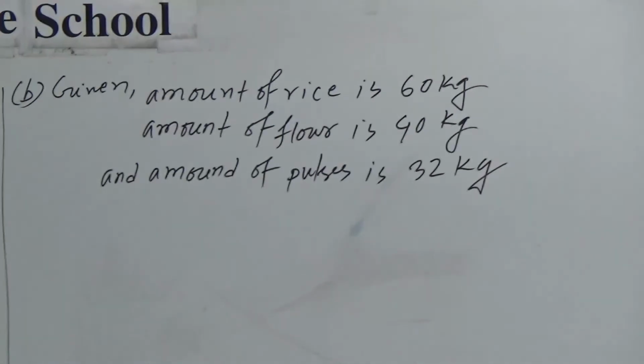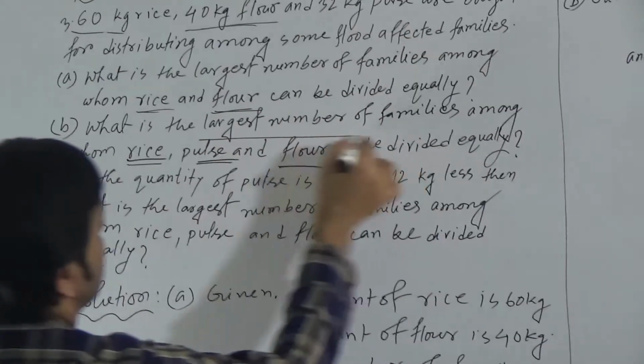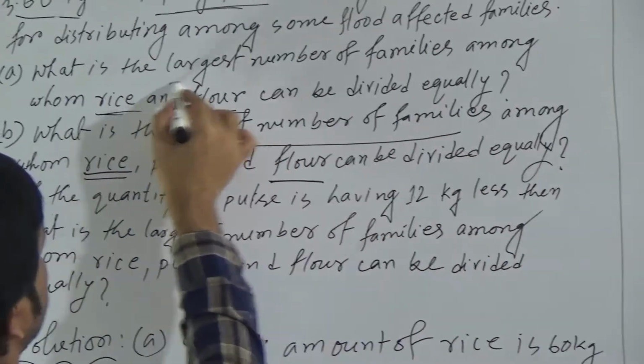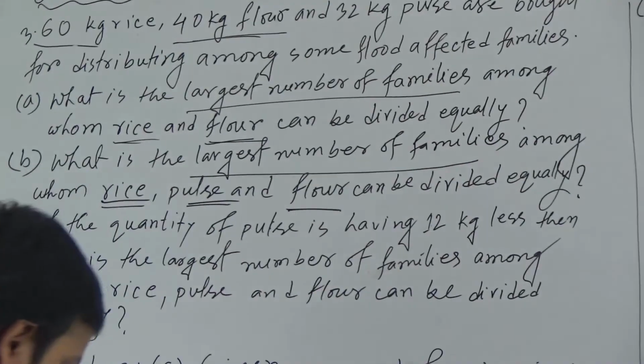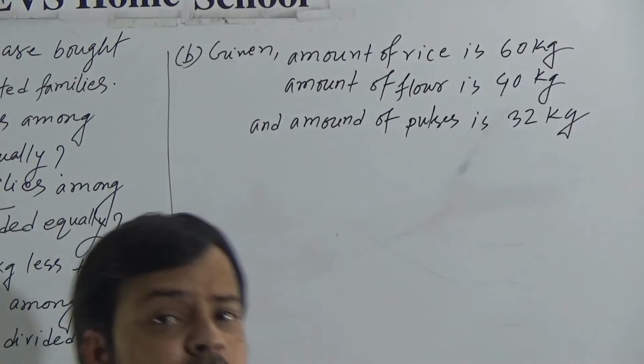Dear students, now as we have to find the largest number of families here, see the question: largest number of families. It means that we have to do the HCF of these 3, then we will get the required largest number of families.